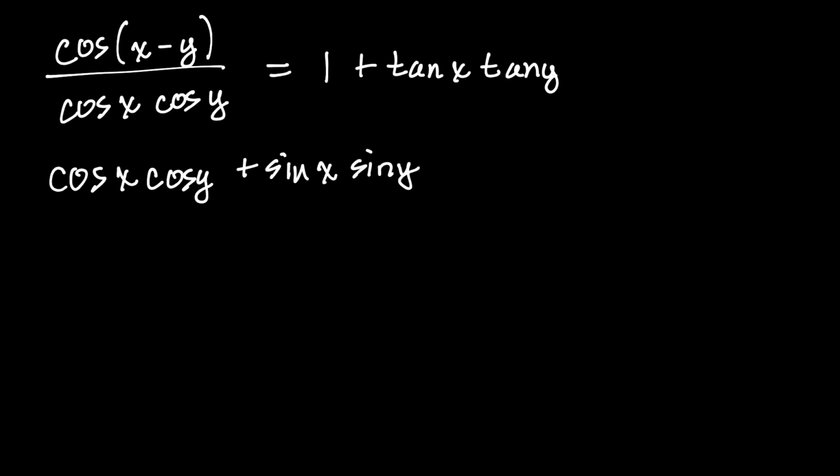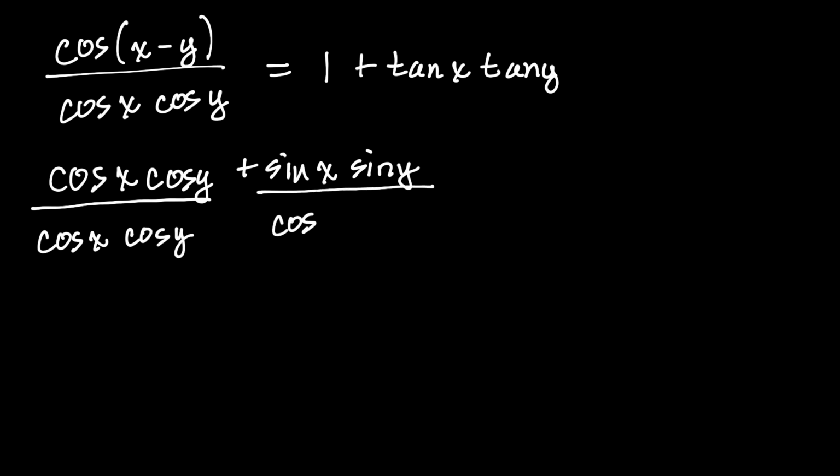And let's see, I'm going to write this underneath each one of these. I'm going to decompose this fraction. So cosine x cosine y. And here's why I did that, because I can see this cancels with this. So that's going to leave me with a 1. And then I have my plus sign, right?